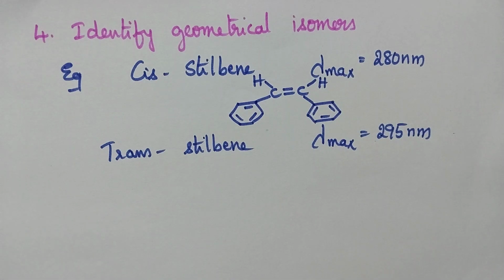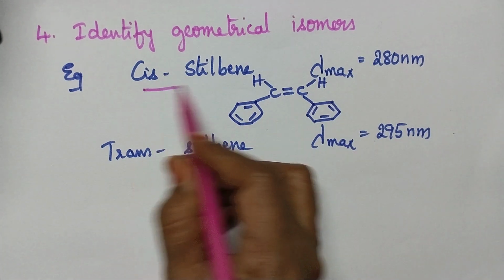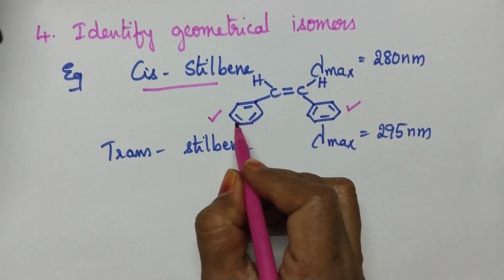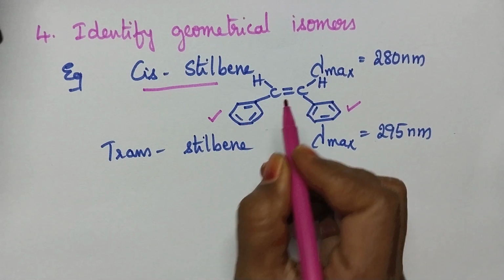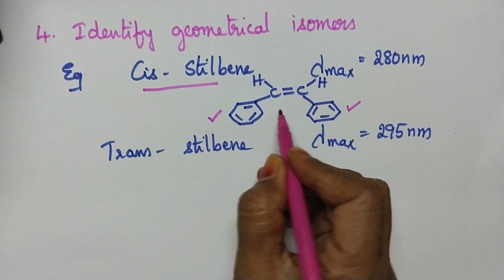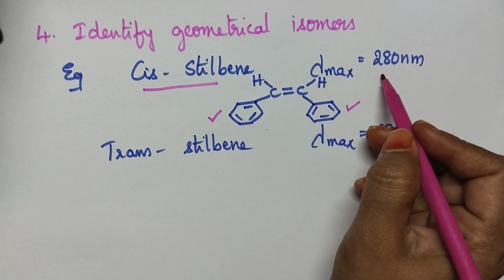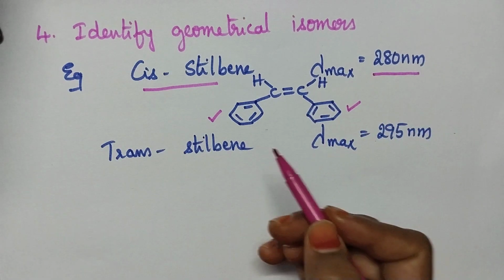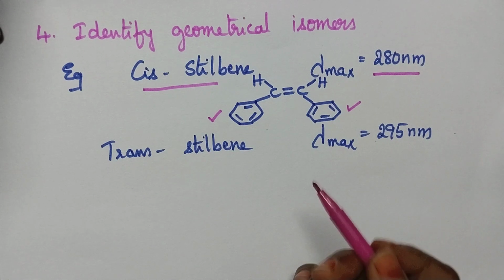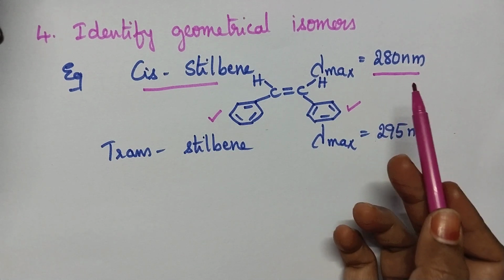Here in the case of cis-stilbene, the two bulky benzene nuclei are present on the same side of the double bond, with the result that in order to excite the electrons it requires more energy, and hence the absorption maximum will be observed at the shorter wavelength region.